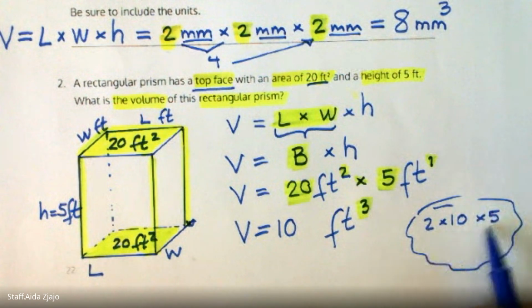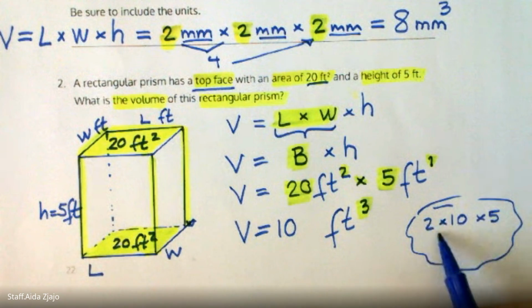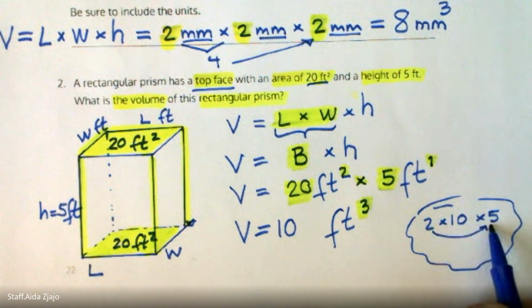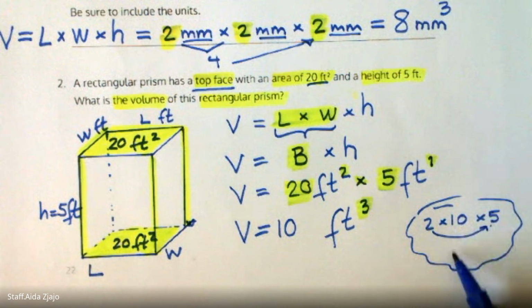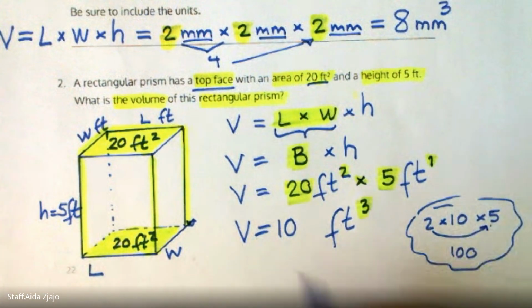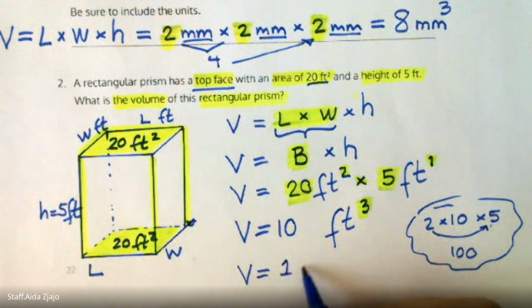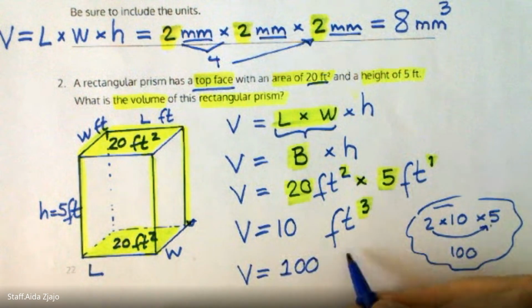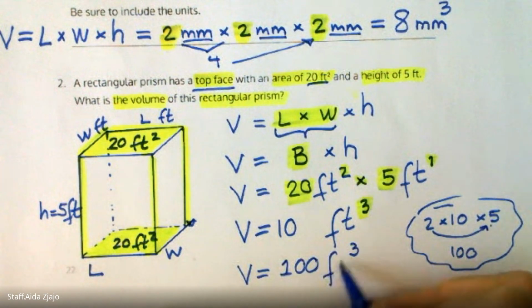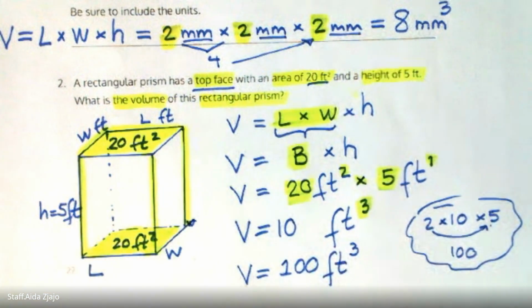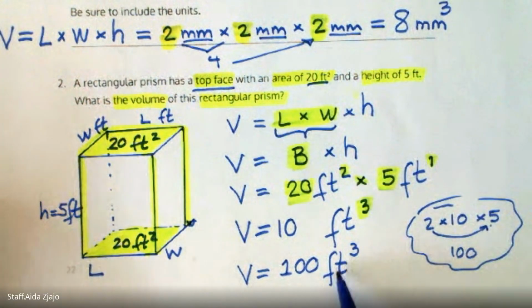So 2 times 5 is 10, and then 10 times 10 is 100. So volume is 100 cubic feet. This volume of the rectangular prism is 100 cubic feet.